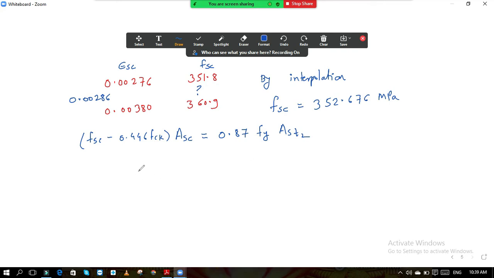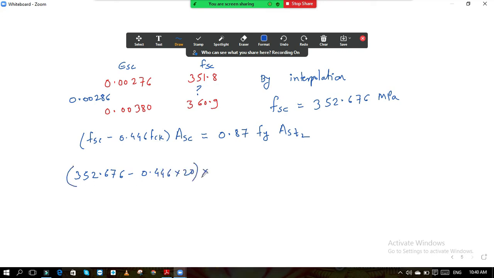Now put the value. This is Cu2 equal to Tu2. So here it is 352.676 minus 0.446 into 20. FCK is 20.